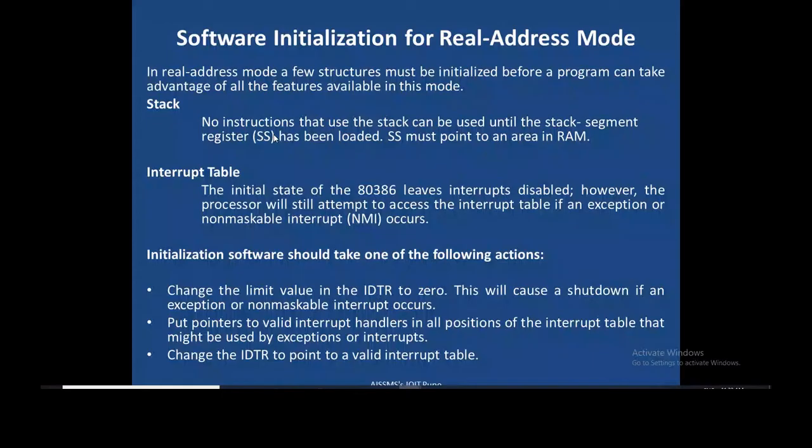There is an interrupt table in the processor. The initial state of the 80386 leaves all the interrupts disabled. But as I said, although all the interrupts are disabled, the processor will still attempt to access the interrupt table if an exception or non-maskable interrupt occurs.